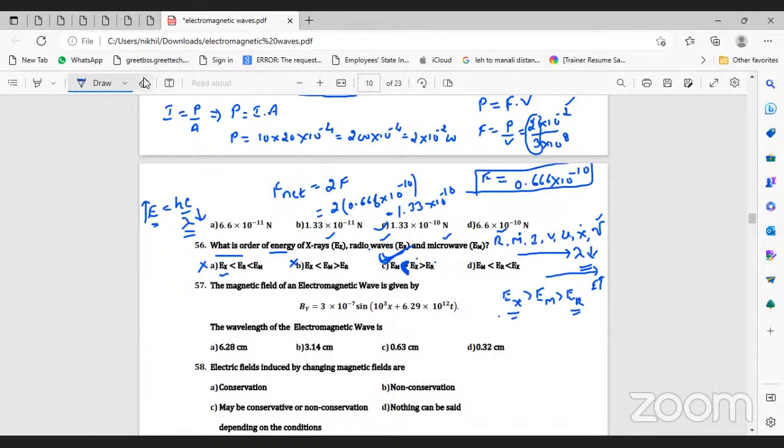Or if you don't alter this option, you can also write like this, option D, because X-ray is more than radio waves. But radio waves is less than electromagnetic waves.